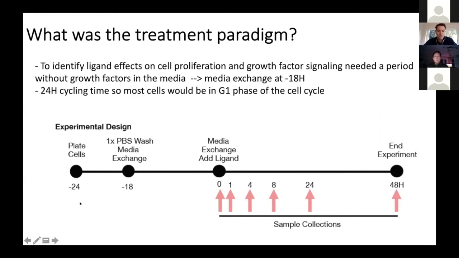Then 6 hours later, we did a PBS wash to remove the growth factors. And then we did a media exchange, using the experimental media, which was lacking EGF and insulin. The general idea is that over the next 18 hours, cells would proliferate so that all the cells around time 0 would approximately be in a G1 state without any growth factor signaling.